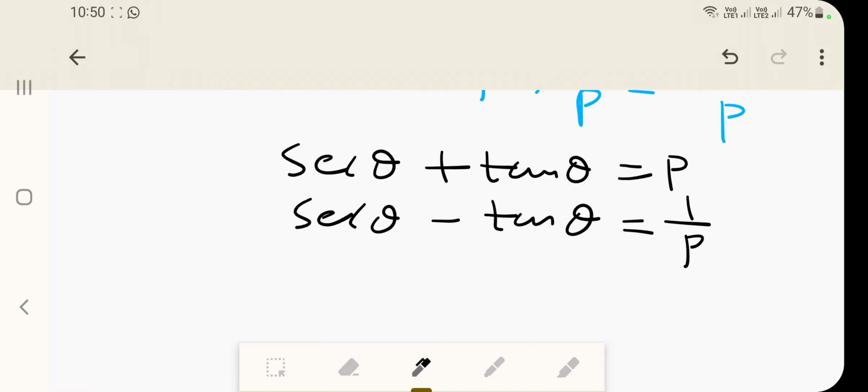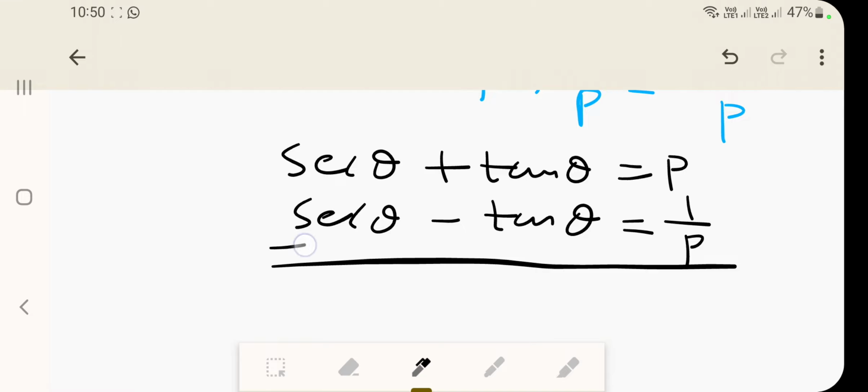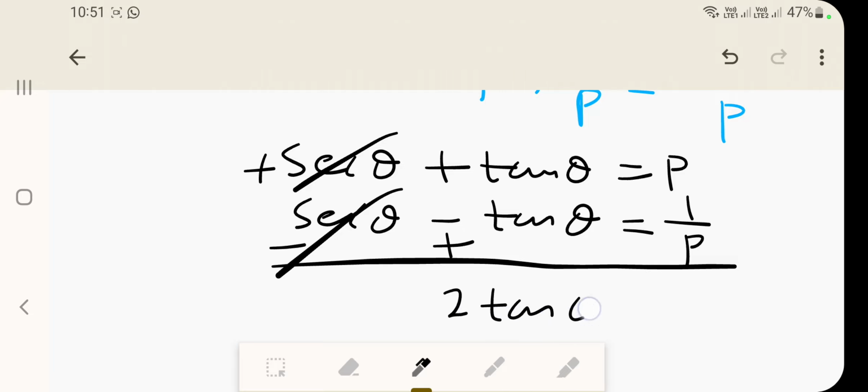Earlier we have added. Now we are going to subtract. So here the minus is going to become plus. Secant theta and minus secant theta get cancelled, and plus tan theta plus tan theta gives 2 tan theta. On the right side we have minus, so we get p minus 1 by p.